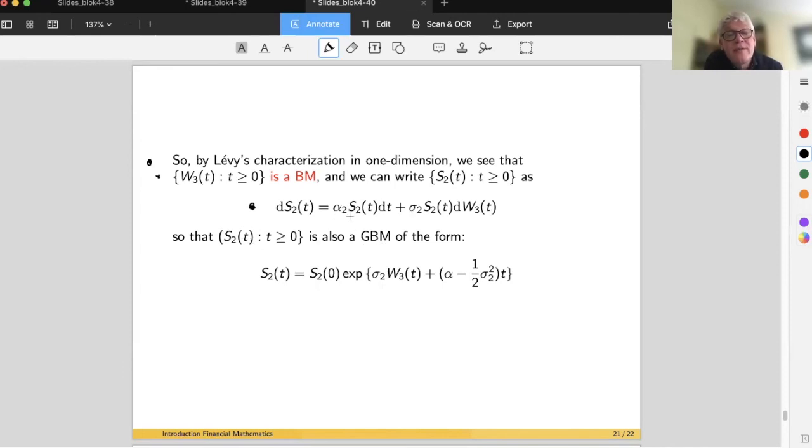You remember, with S2 here and S2 here, a drift term here and a volatility term here, and a time increment here, and a Brownian increment here. That was the form of the geometric Brownian motion. And the solution of this was S2_t is S2_0 times e to the power of sigma 2 W3_t plus (alpha 2 minus 1/2 sigma 2 squared) times t.